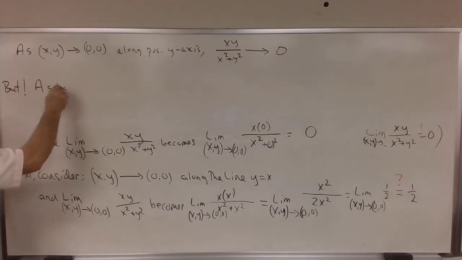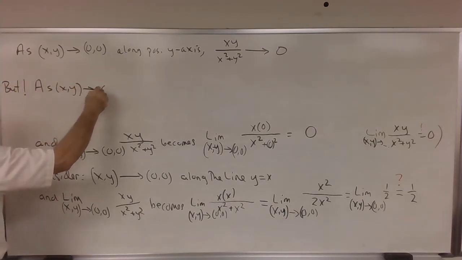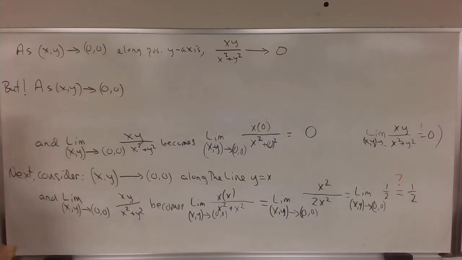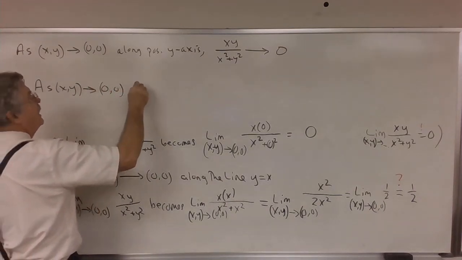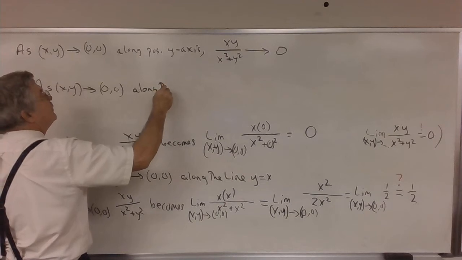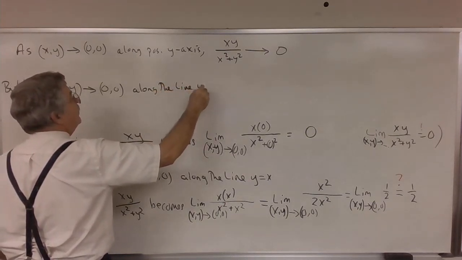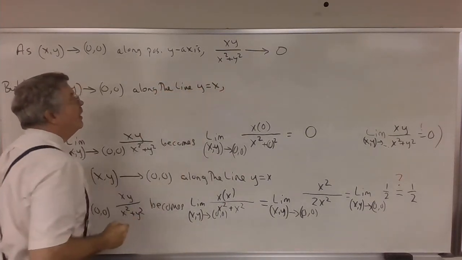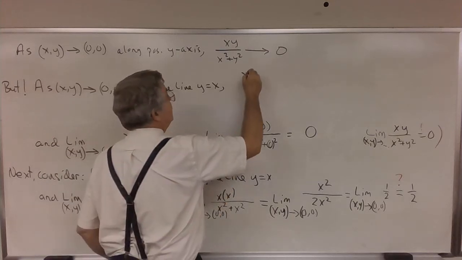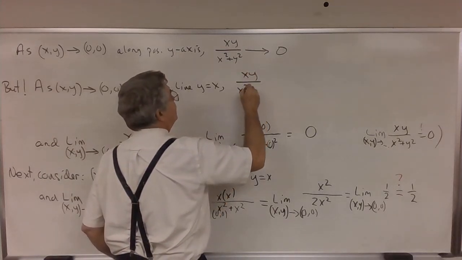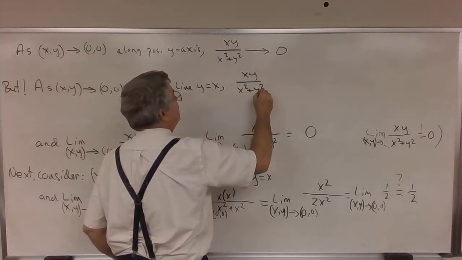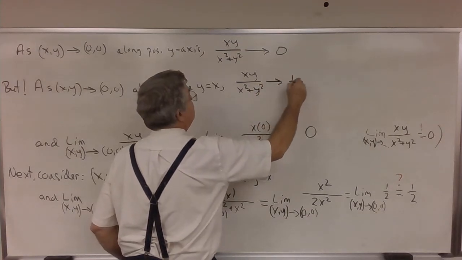But as xy approaches the origin along the line y equals x, our function xy over x squared plus y squared approaches 1/2.